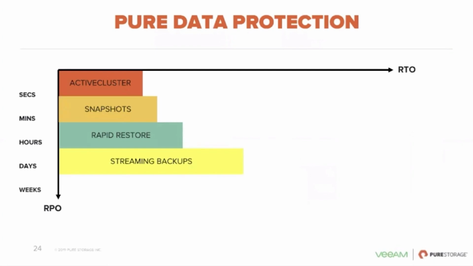Okay, so just to go back to this diagram, now we've added rapid restore. Rapid restore provides that gap where potentially you can't do snapshots if you're using a disk array that doesn't support them, really providing mission critical recovery where I can't use snapshots as a target.